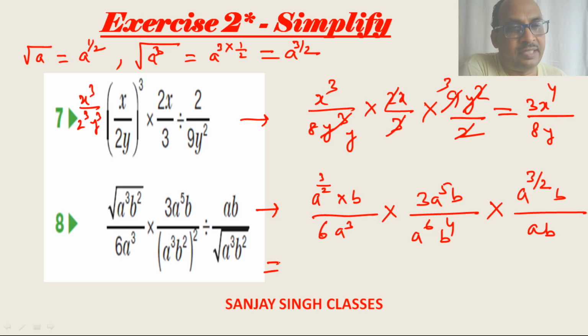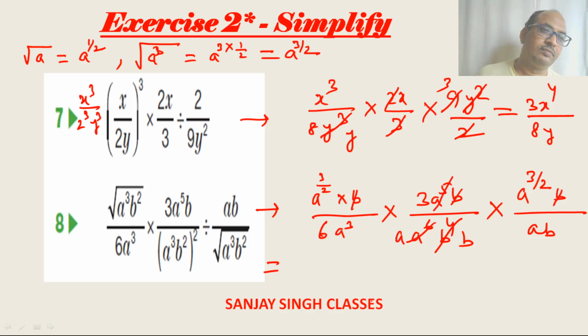Let us cancel common things. This 1b, 2b, 3b. Okay, we'll cancel from here as b. So b cube, b into b into b. So b cube will cancel this b to the power 4 and 1b will be left. Similarly, a to the power 5 is there here. So it will cancel a to the power 6 and 1 a will be left.